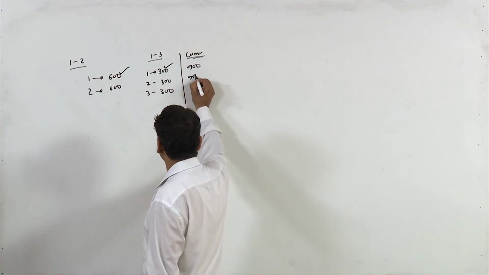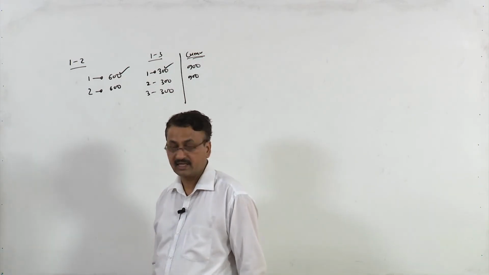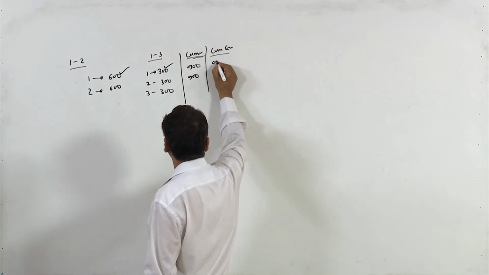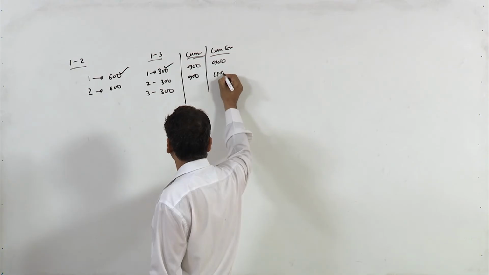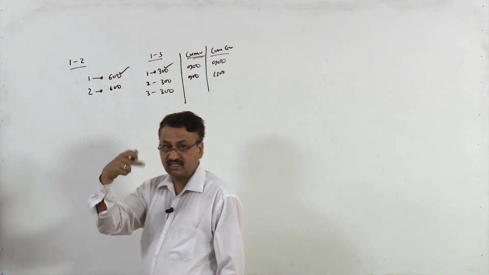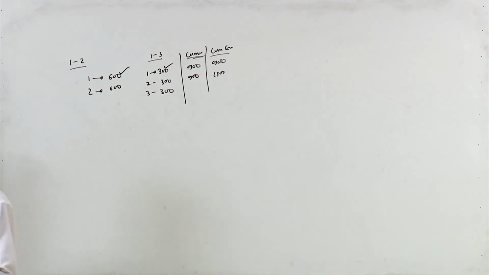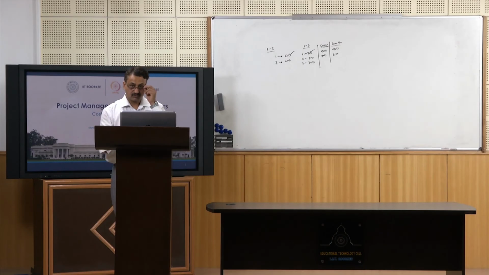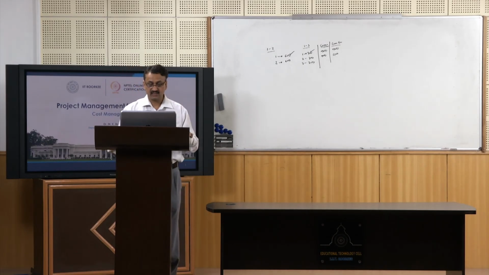Again 900, and cumulative expenditure would be 900 plus 900, which is 1800, right? Similarly, you need to do it for all other activities. Let me show you how to do this.